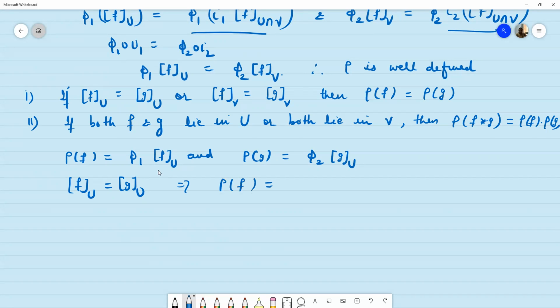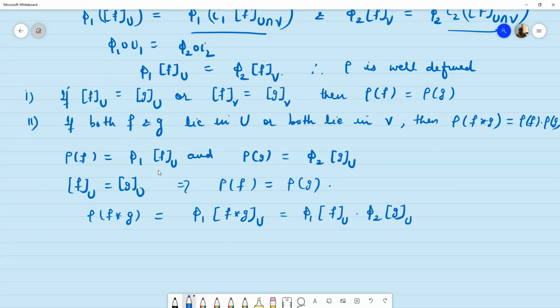Similarly, we can prove when they lie in V, then also rho F is equal to rho G. So this is true by definition. And the second condition holds because phi1 and phi2 both are homomorphisms. So rho of F star G, let us say F and G both lie in U, then rho of F star G will be phi1 of F star G in U. So it will be phi1 of F times phi1 of G, because phi1 is a homomorphism.